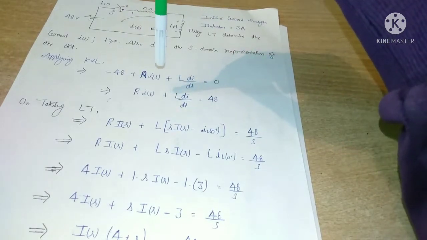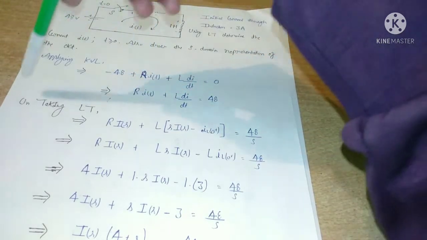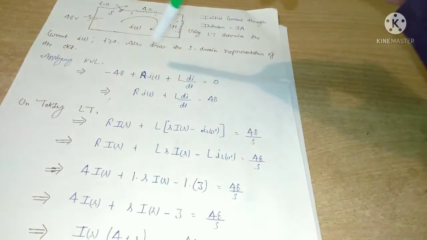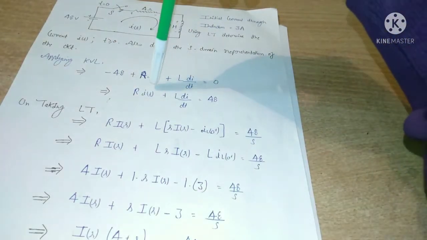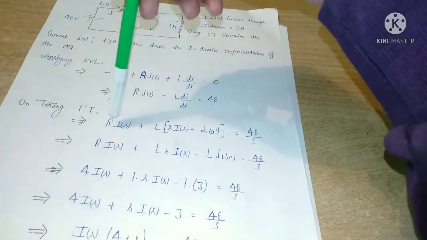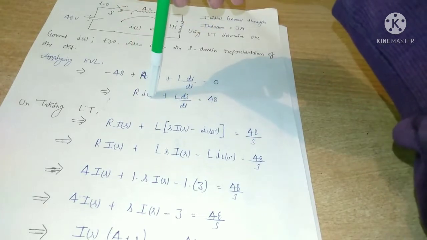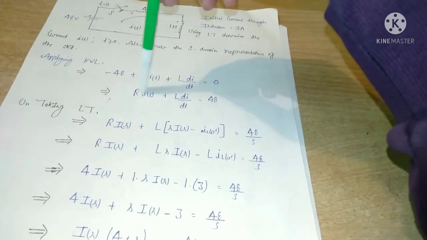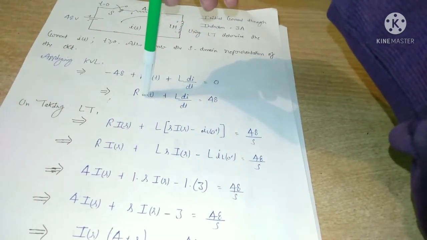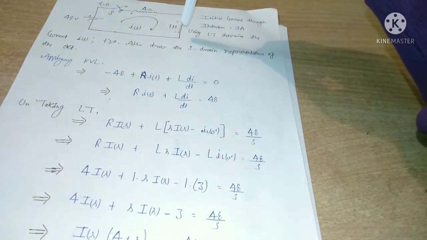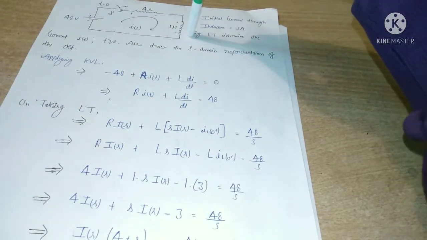Now to solve this equation we have to use Laplace transform. On taking the Laplace transform, R i(t) means R I(s). We directly write I(s) because there is no initial condition for the resistor, but for the inductor an initial condition is given.